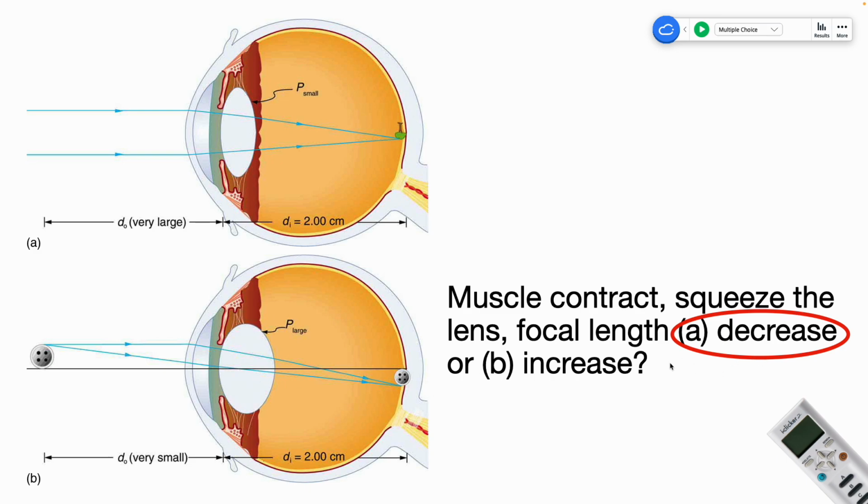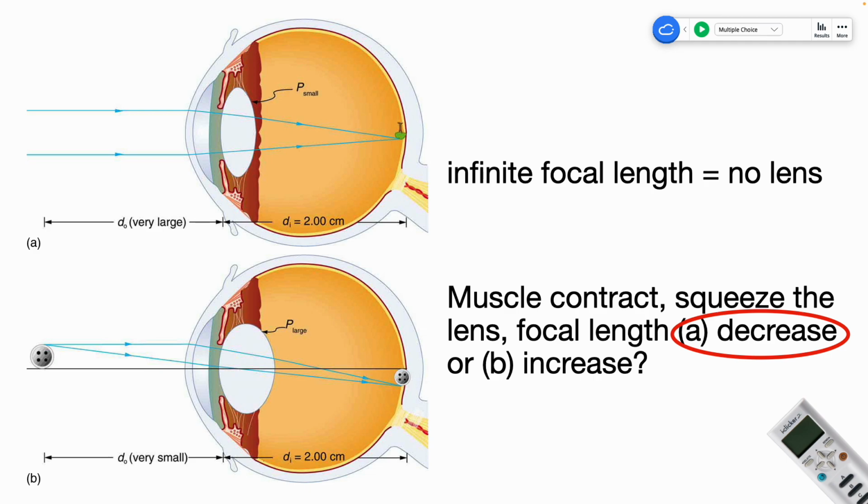So that's decreasing the focal length. Increasing power, decreasing focal length. Decreasing focal length, increasing power. There's a lot of upside down. Increasing refractive index, decreasing speed of wave. Okay. Any questions?